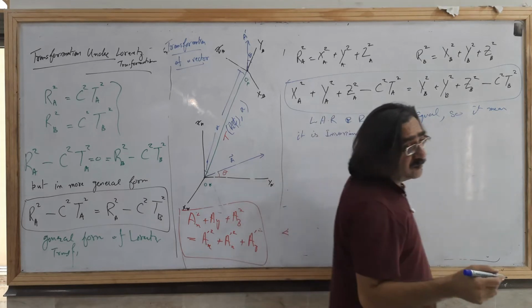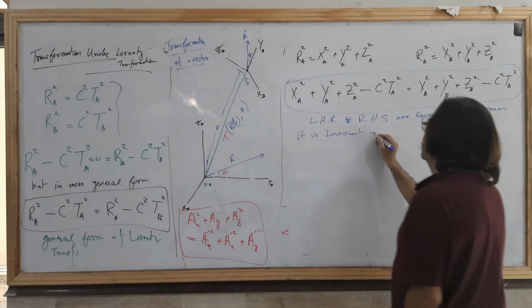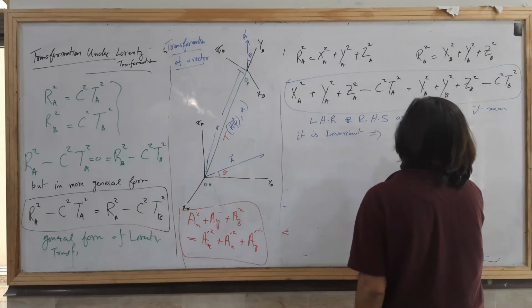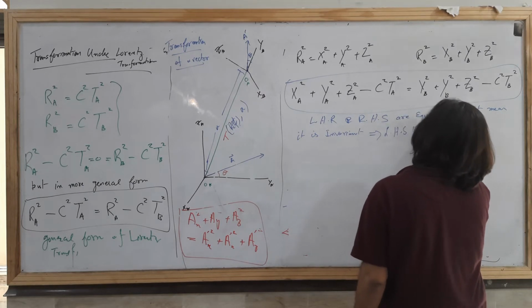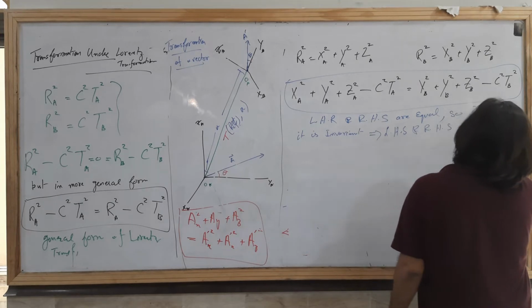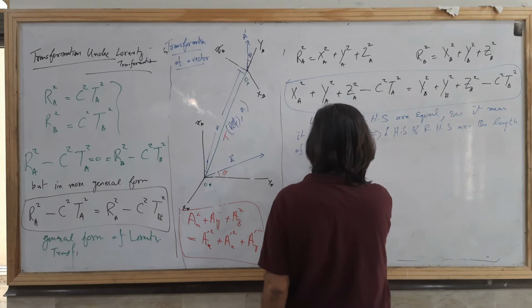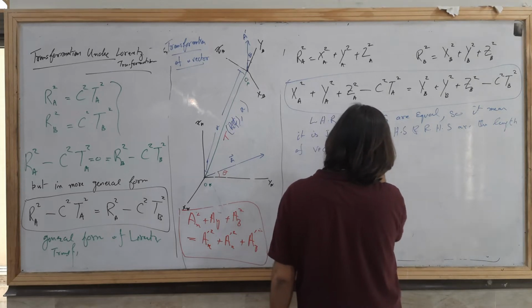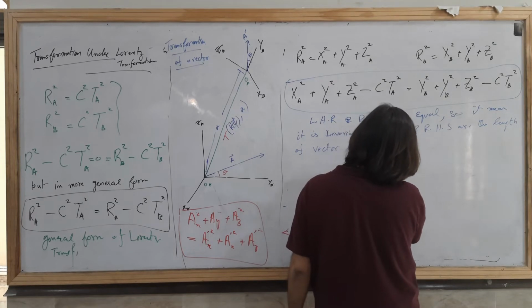And what is the meaning of this? If the thing is invariant, then it is the length of the vector. So this implies that the left hand side and right hand side are the length of the vector in the Lorentz transformation of relativity.